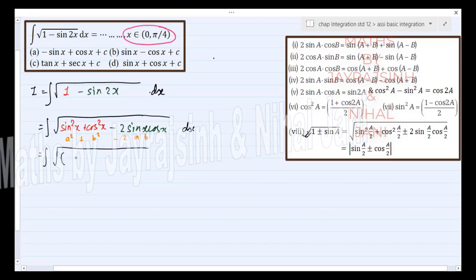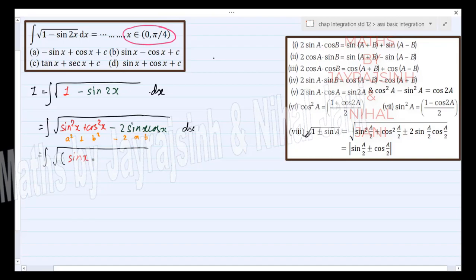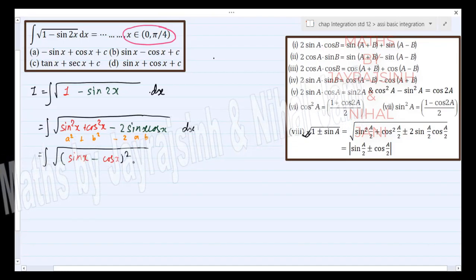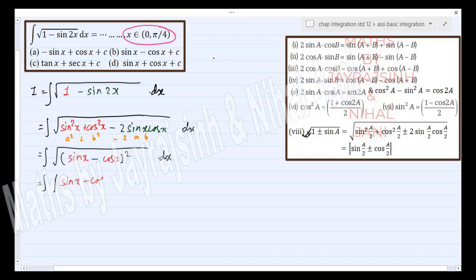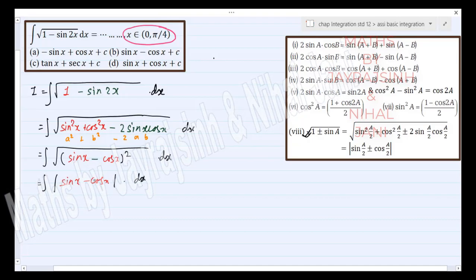So we can say we get the perfect square of sin x minus cos x. Now, when we remove under root and square, we will get mod sin x minus cos x.